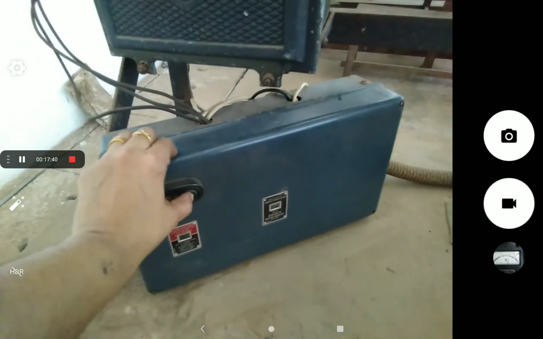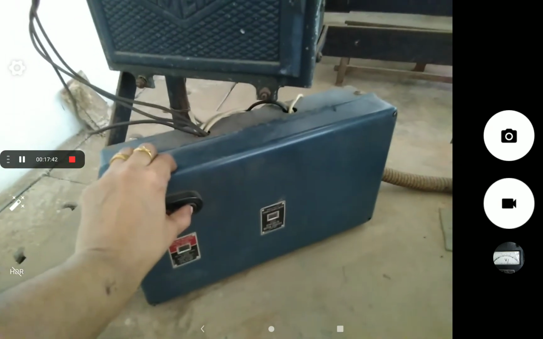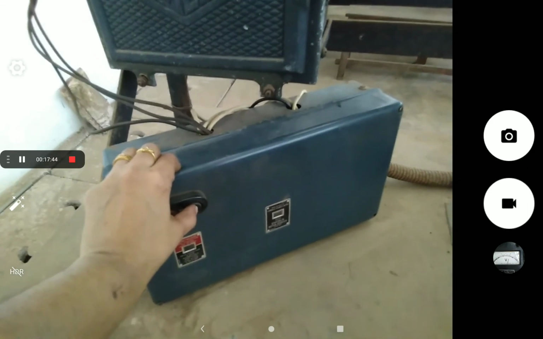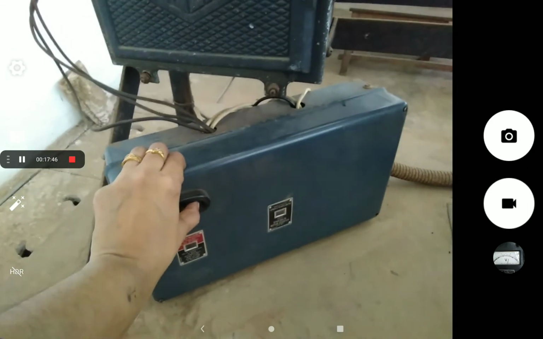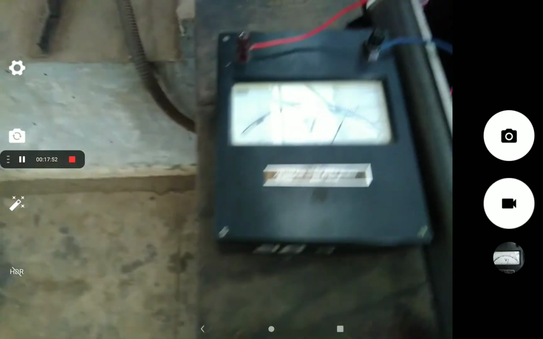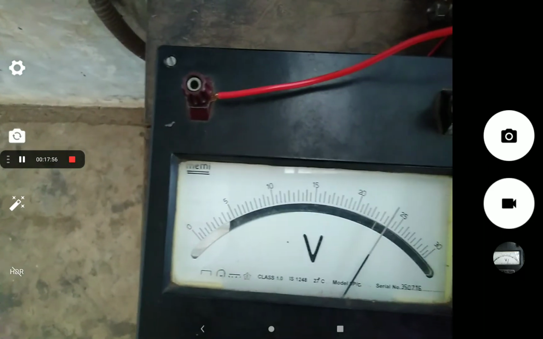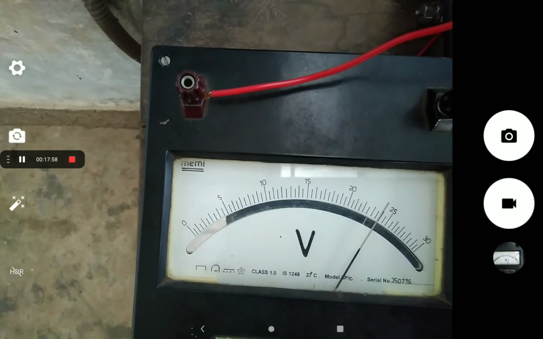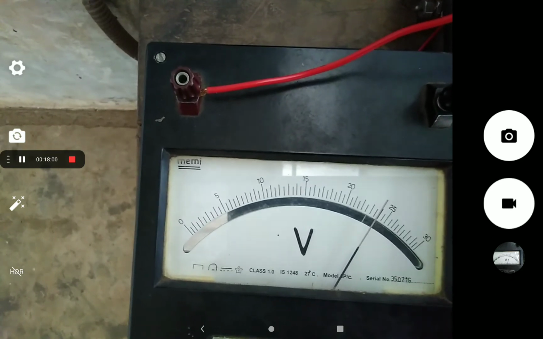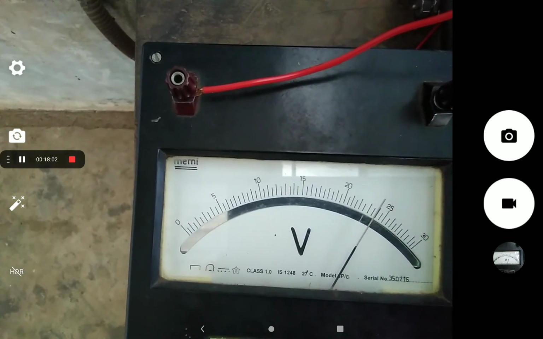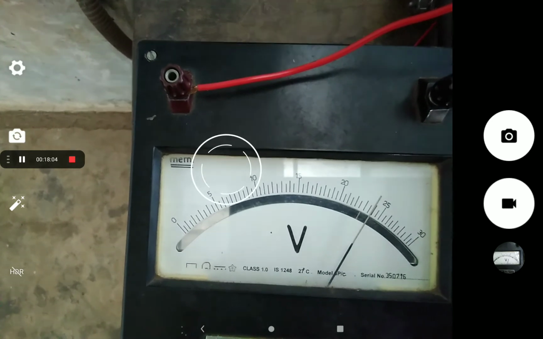Just press this switch and keep it pressed just for attaining normal speed, then release it. Now you can see the residual voltage. It is not only about 20, it's 24 volts.